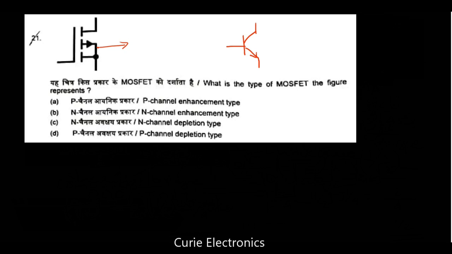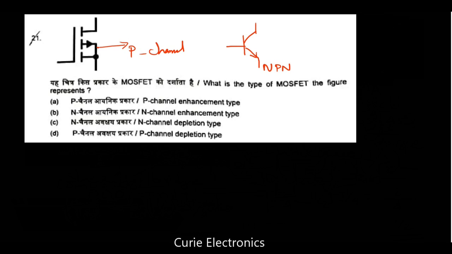In a transistor, if the arrow is going out, it is an NPN transistor. But if the arrow is going out in a MOSFET, it is a P channel MOSFET. So now we know the answer is going to be option A or D.